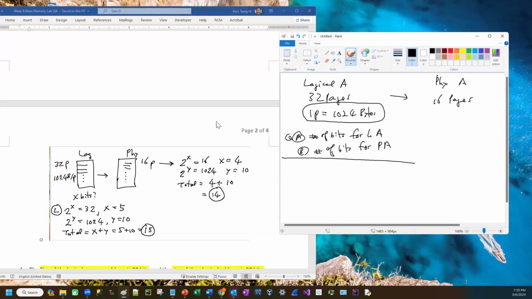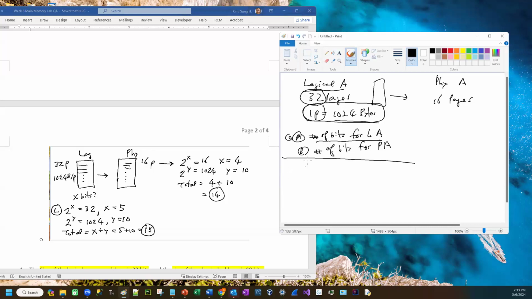So if we have a memory here, RAM, here's a logical address, and the logical side on this one, the physical side on this one. If we have 32 pages, and each page is 1024 bytes, then how many bits do you need to represent that, right?